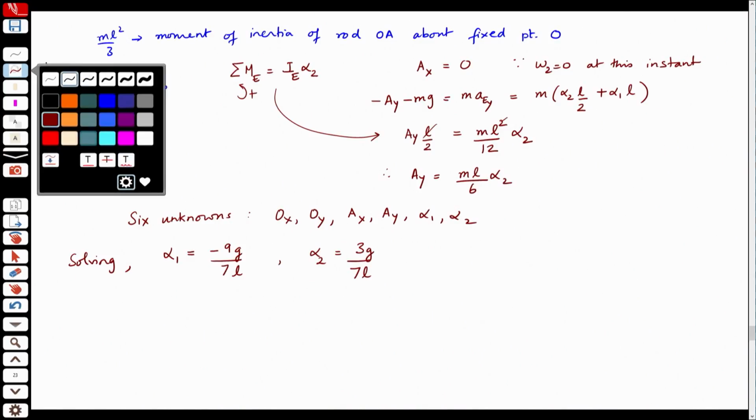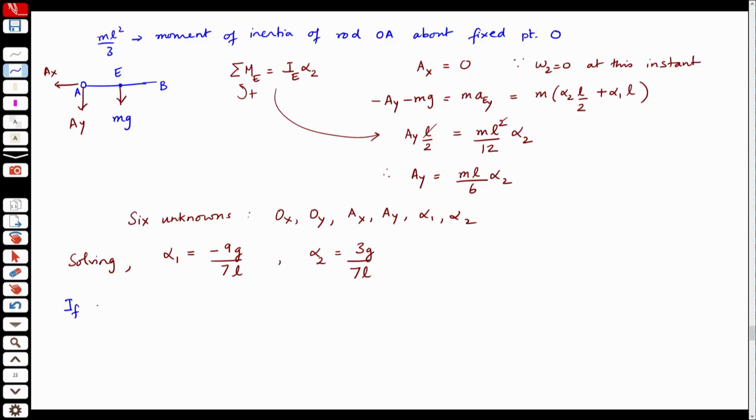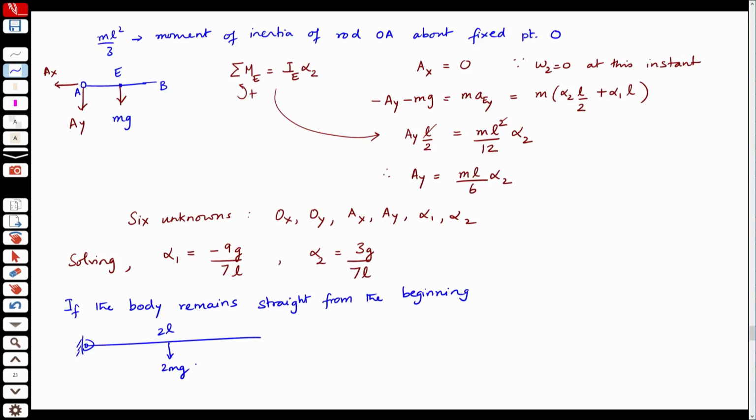So, if the body remains straight, then you have a single rod of length 2L, mass 2m.